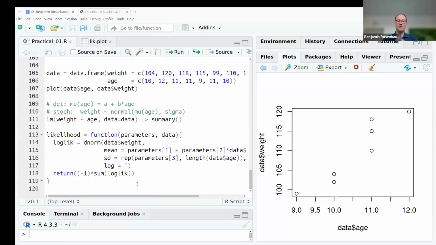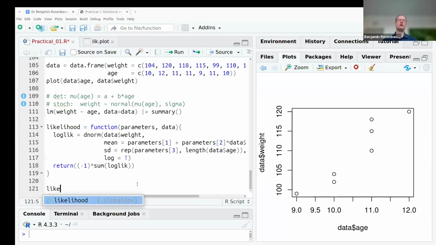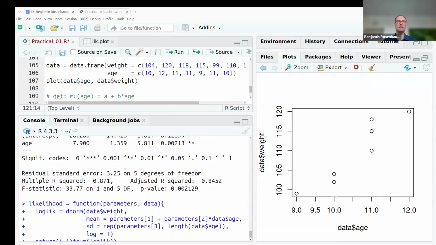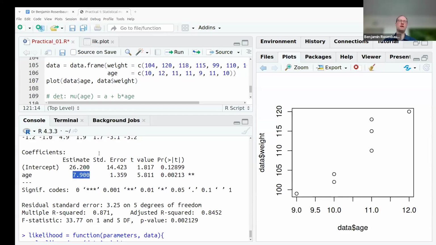All right, so now we have defined this likelihood, and you could, in principle, do this tedious task of trying to find the best possible values here. So let's start somewhere close here.